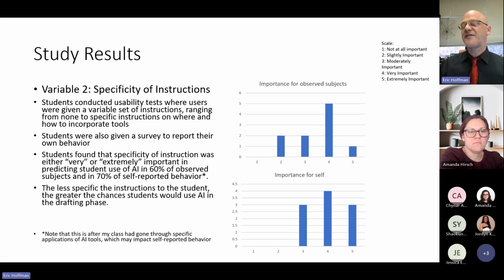Interestingly, more of my students reported that it was important in their own work. Although I note here in a footnote, I have been training my students in AI use all semester, so that very well might play a role in their own understanding of the role of instructions within this kind of environment, right? So again, the less specific the instructions to the student, the greater the chance the students would use AI in the drafting phase.